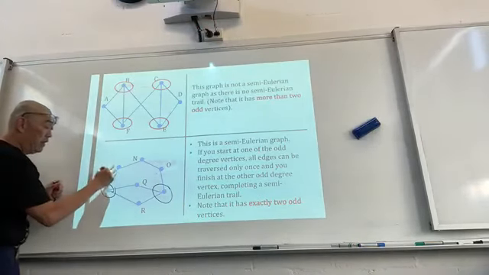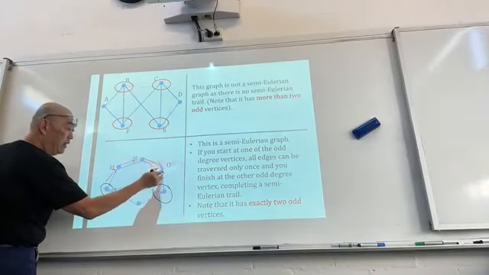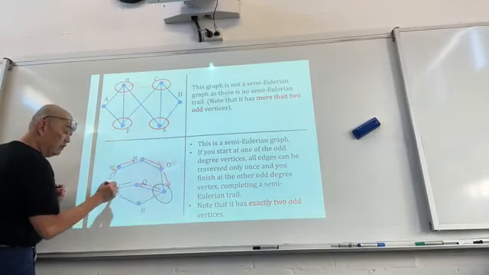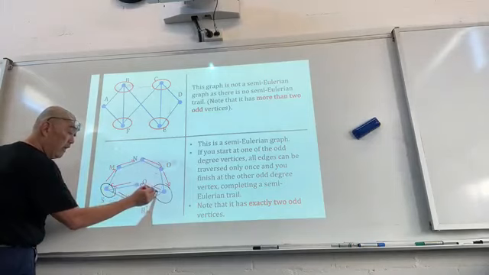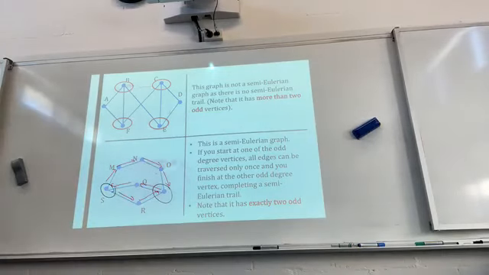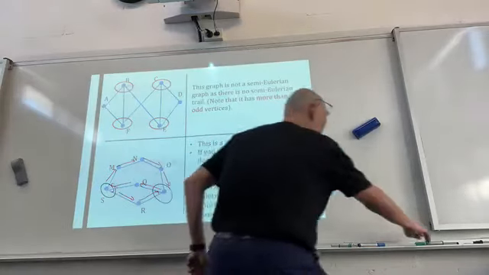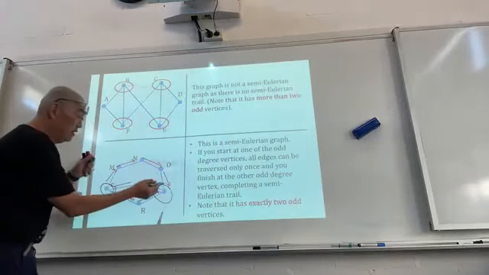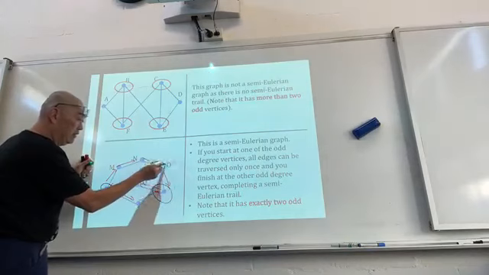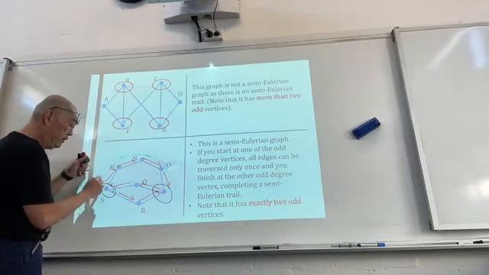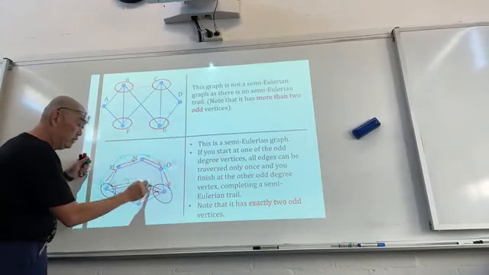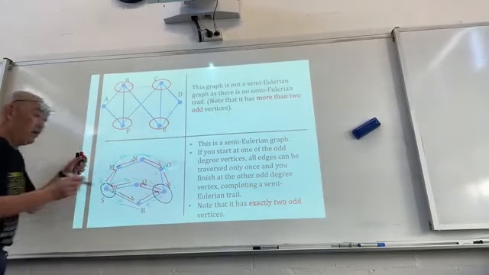So I can start from here, the first one, that way, that way, that way, travel, travel, travel, and back to that one. Yeah? Or, if you don't want to do it that way, start from here. You can go this way, this way, this way, this way, this way, this way, and that way.